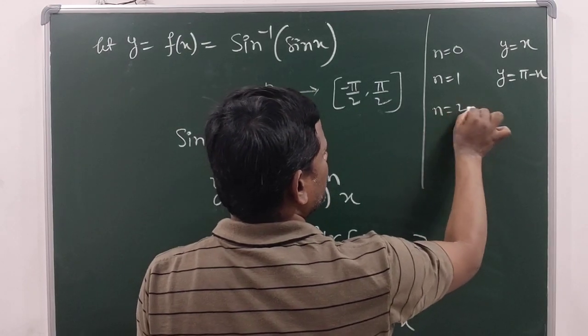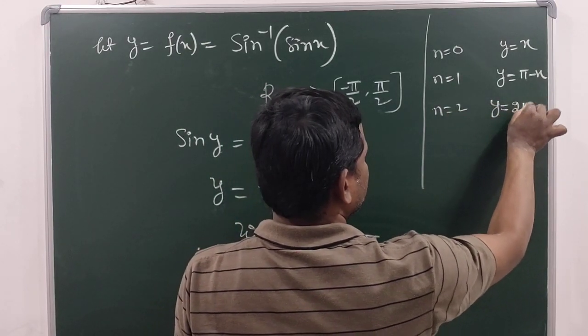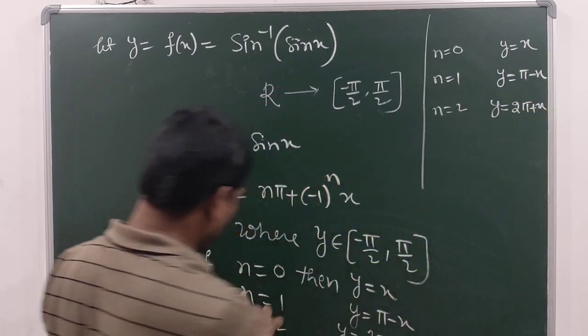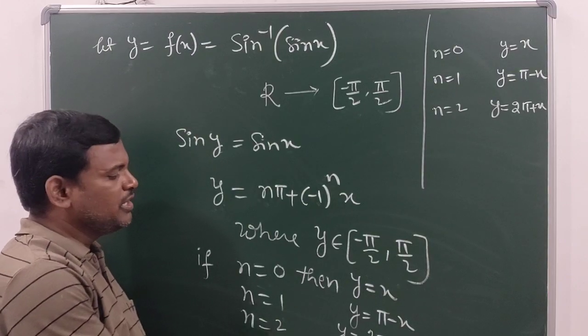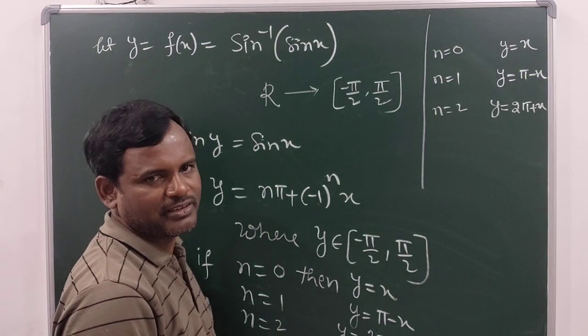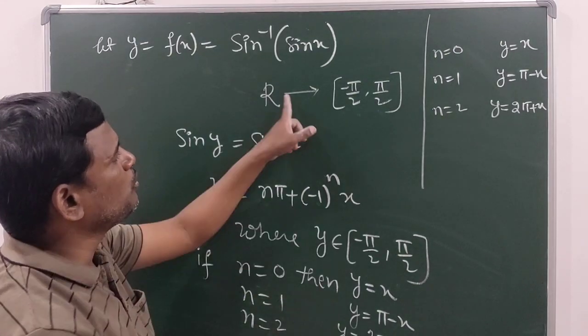So if n is equal to 2, you will get y equal to 2 pi plus x. And so on. If you keep on substituting n equal to integers, you will get different values for y. Okay. Now let us observe its graph.